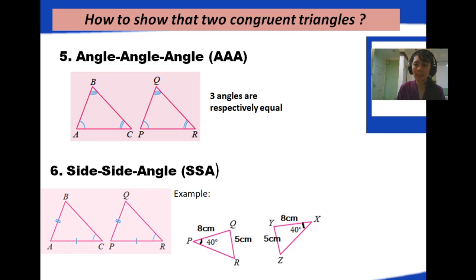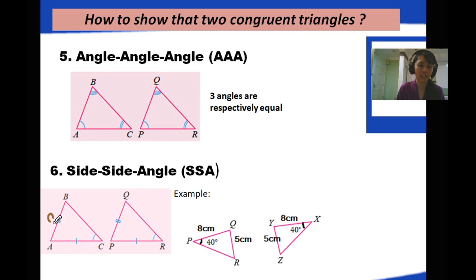SSA means that here is S, side, and here is S, side, and then this angle A. Now look at this example. 5cm stands for side, 8cm stands for S, and 40 degrees stands for angle A. If you see these two triangles, they are equal in side 8cm, side 5cm, and the angle 40 degrees. They are all equal in terms of SSA.